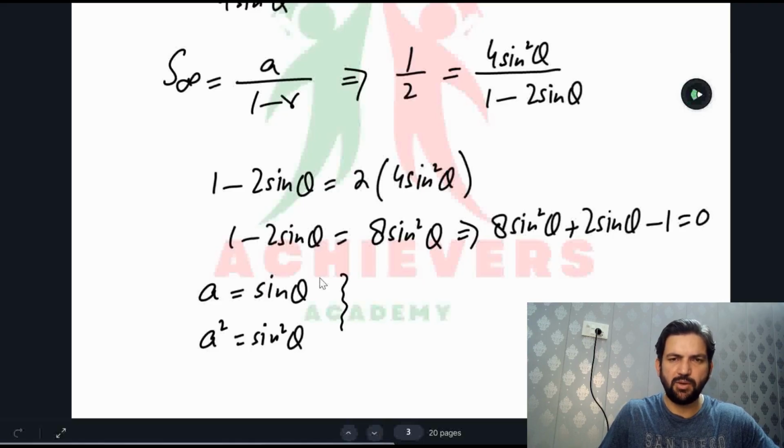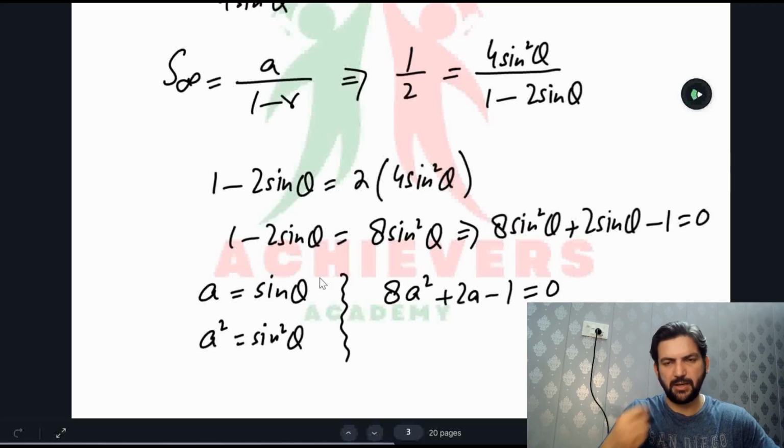So from here we can write the equation as 8a square plus 2a minus 1 is equal to 0. Now we can use the middle term breaking, or we can use the quadratic formula.